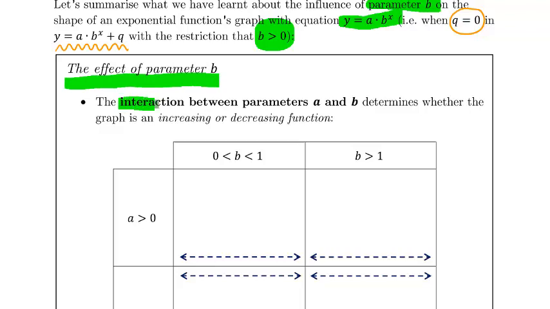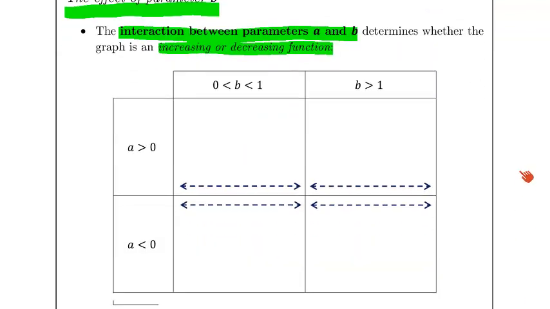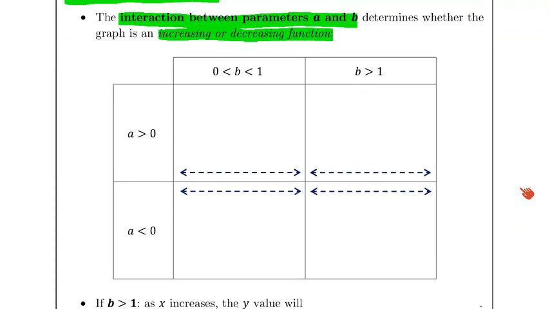Well, it's the interaction between parameters a and b that determines whether the graph is an increasing or a decreasing function. Let me show you what we have over here, guys. When we have a greater than 0, we know that the graph will live above the asymptote.